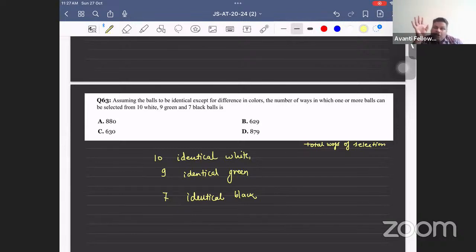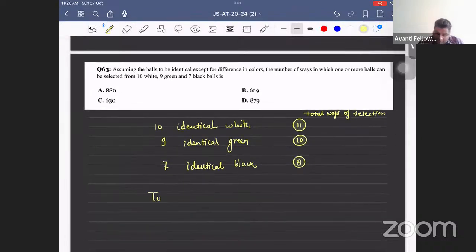So there will be total 11 ways, from not selecting anything to selecting everything. So here, total ways of selection of 10 identical white balls is 11. Then for 9 identical green balls it is 10. Then for 7 identical black balls it is 8.